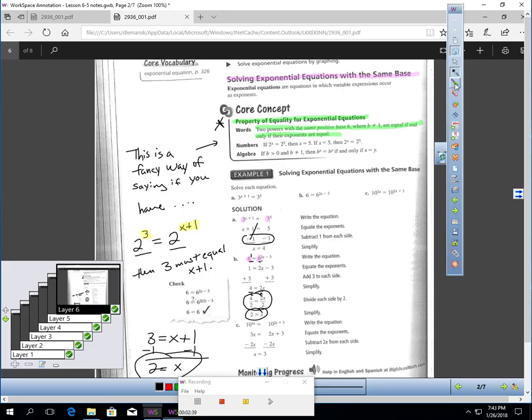And then in the next example, again, we have the same base. We have a base 10, and these are equal, which means the 3x power has to equal the 2x plus 3 power. I can take away 2x, and I get 1x equals 3, so x is 3.